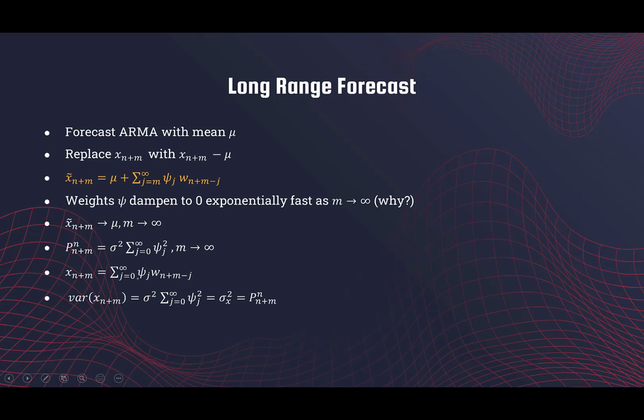If you observe, these two terms are the same. So the prediction error for this x tilde n plus m, if m is very, very large, is this. And this ends up being the variance of x_{n+m}. So the prediction error is the same as the variance, and I'm going to call it sigma squared x.